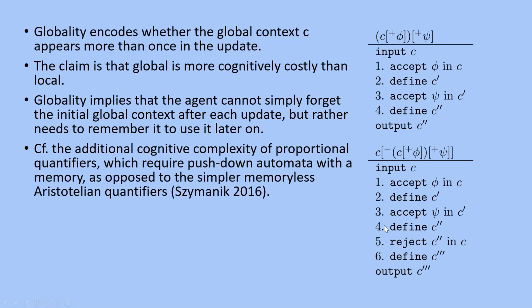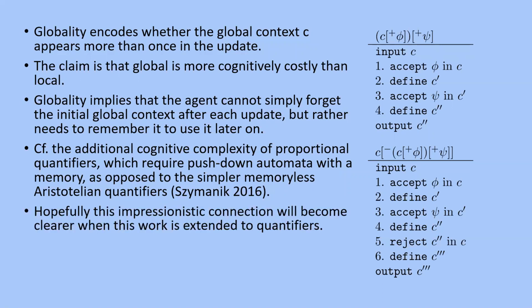I'm just going to give some impressionistic connections here. There's one connection to the complexity of proportional quantifiers, which require pushdown automata and so require memory, as opposed to the simpler memoryless Aristotelian quantifiers. And Semantic is here, so maybe he has some more ideas about this connection, but we can come back later in the Q&A.